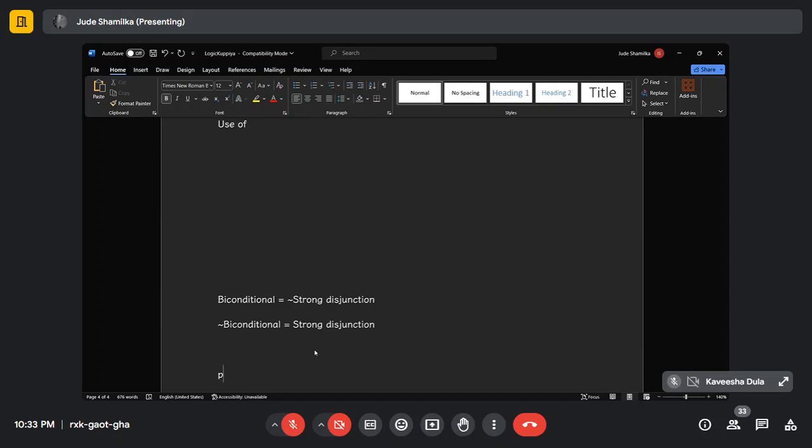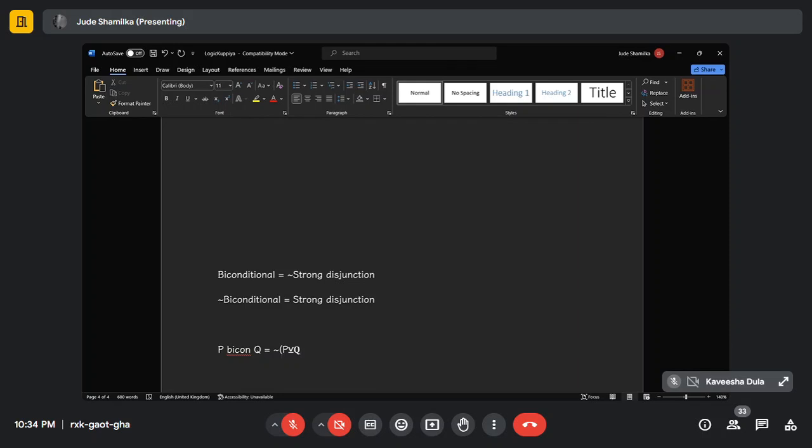P and Q should equal not P, and Q within brackets, right?